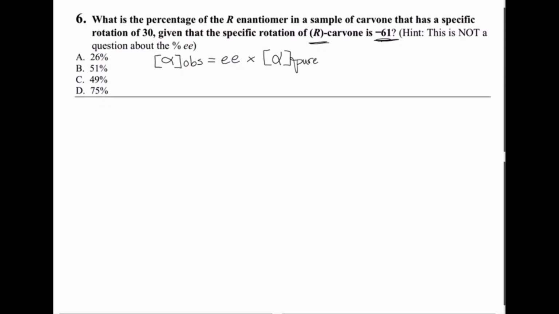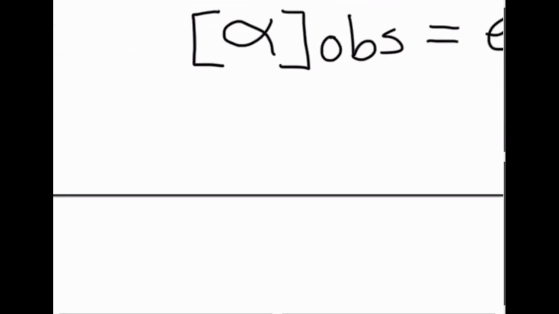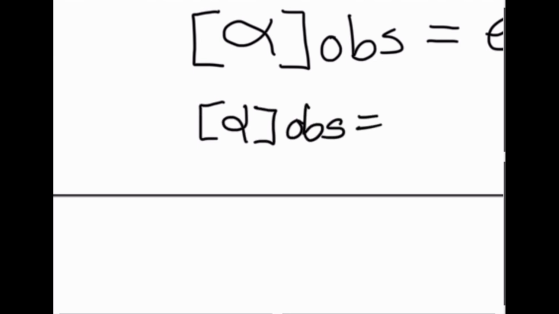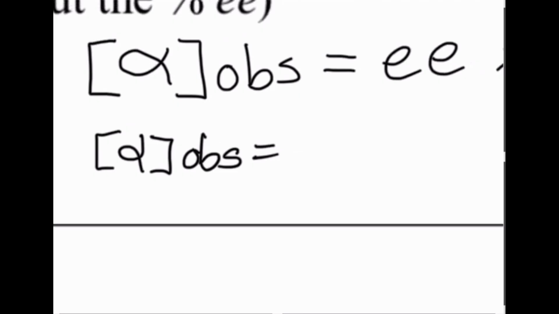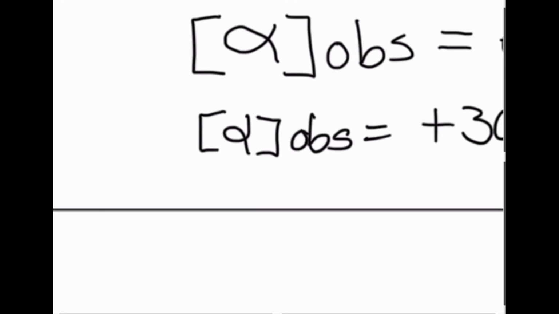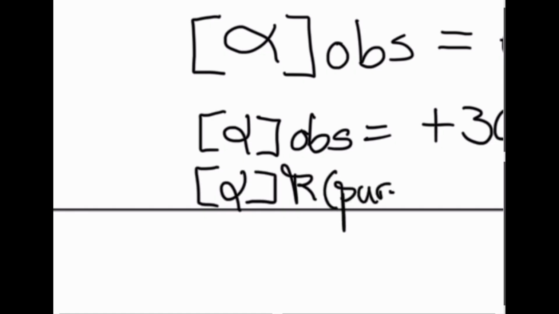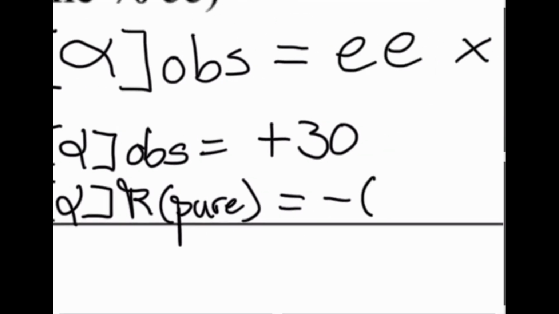Well, we know that our observed is plus 30, and our pure R carvone is negative 60.